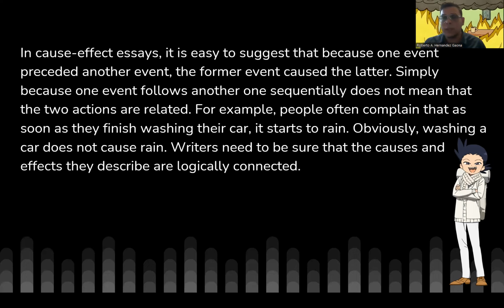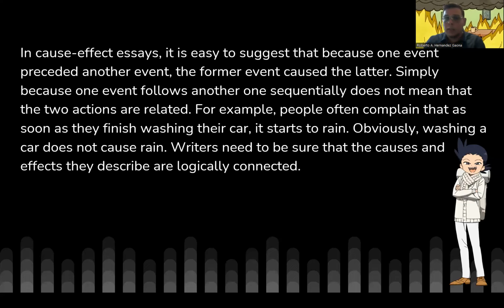So the example that is presented here is that normally, I don't know if this has ever happened to you, but when you finish washing your car, it rains either the next day or in a couple of days, but it tends to be, or people tend to perceive it to be around the same dates, right?